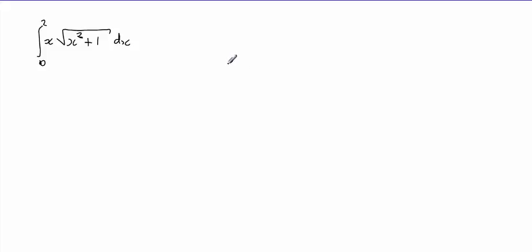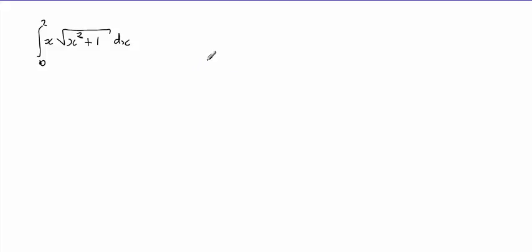I've seen a lot of presentations of this, and some of them are a bit difficult to follow, in that the solution does not flow very well. So I'll try to present what I would consider easy to follow and easy to read.